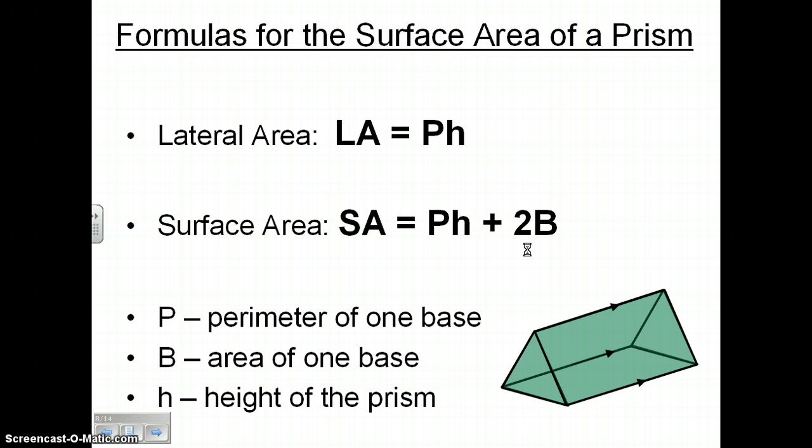Specifically for prisms only, the lateral area is the perimeter of the base times the height of the prism. So it's not the height of the base, it's the height of the prism. Here you see a red triangle, so you take the perimeter of the base and multiply it by the height of the prism.